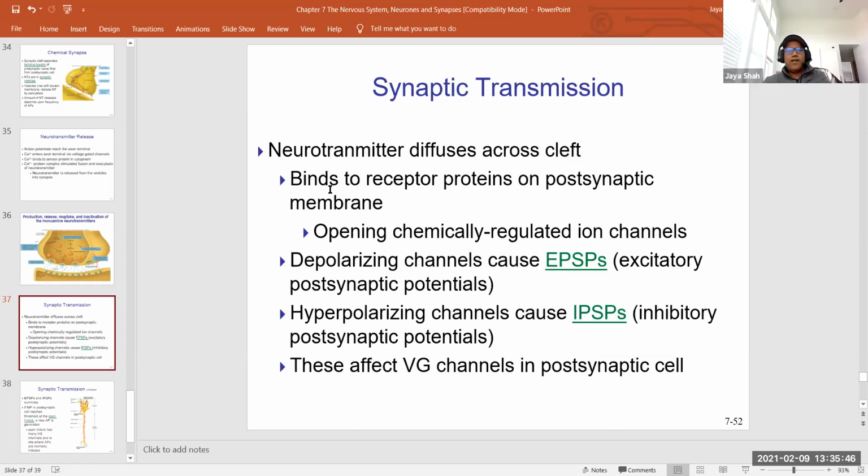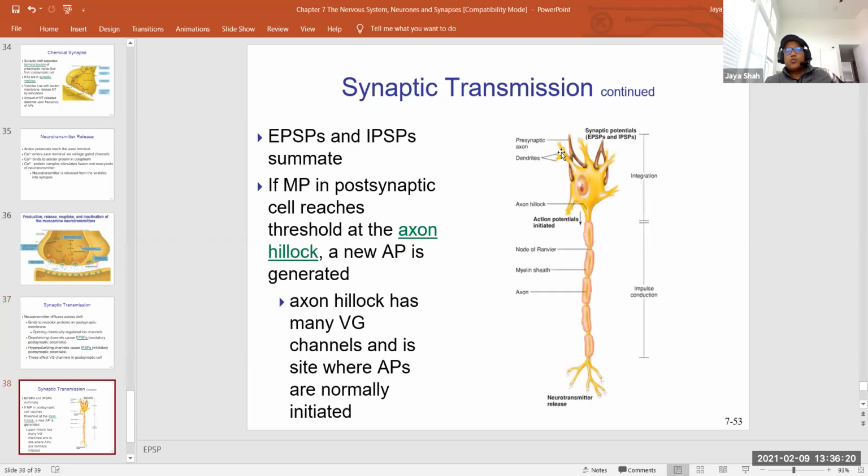Neurotransmitter diffuses across the cleft and binds to the receptor protein on the postsynaptic membrane, opening chemically regulated ion channels. If these channels depolarize, that causes an EPSP, excitatory postsynaptic potential. If they hyperpolarize, they produce an inhibitory postsynaptic potential. And these affect voltage gated channels in the postsynaptic cell. Let's see here, there are 4 synapses.